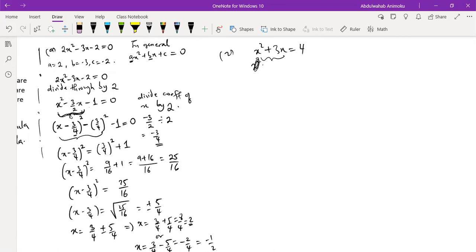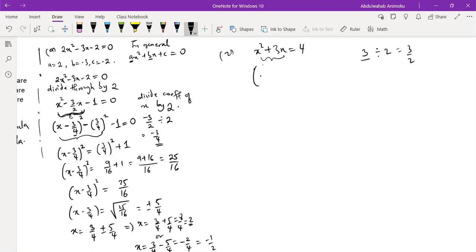Notice that the coefficient of x squared is actually 1 here, so you don't need to divide through by anything. You just go right ahead to the second step, which is completing the square itself. Remember, we divide the coefficient of x by 2, which gives us 3 over 2.